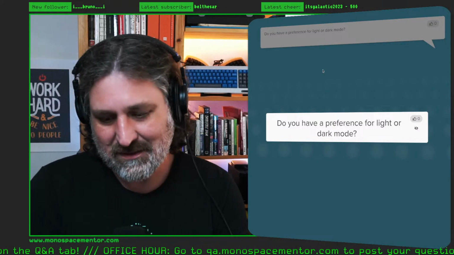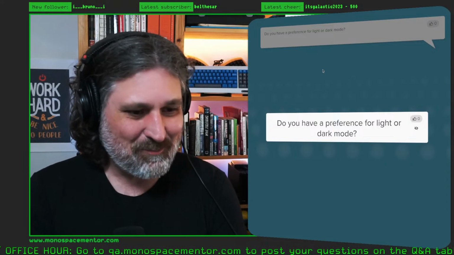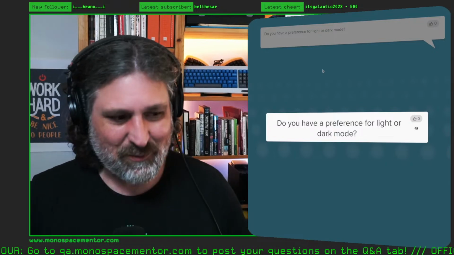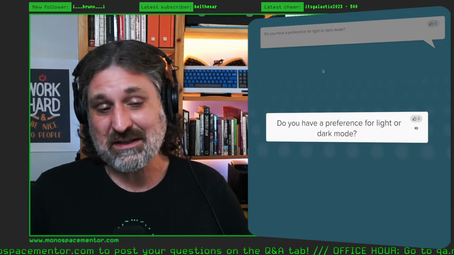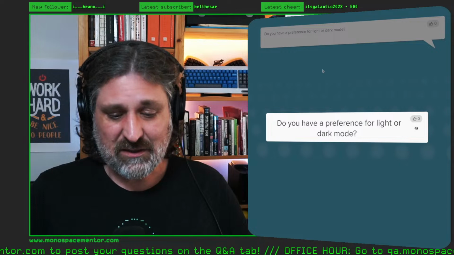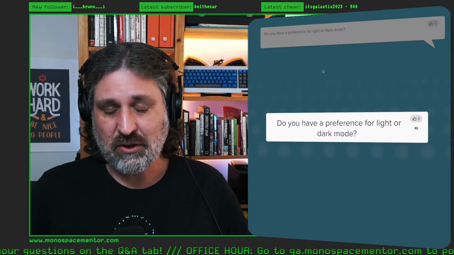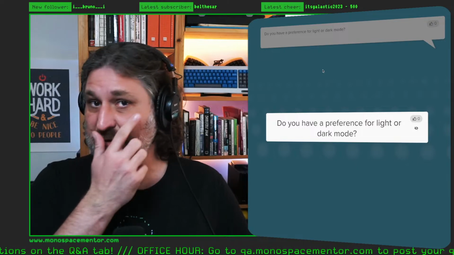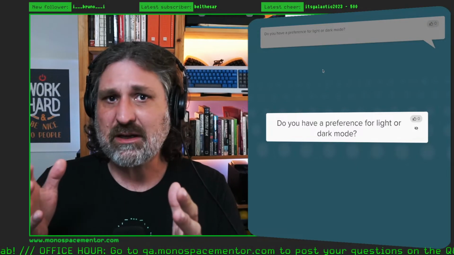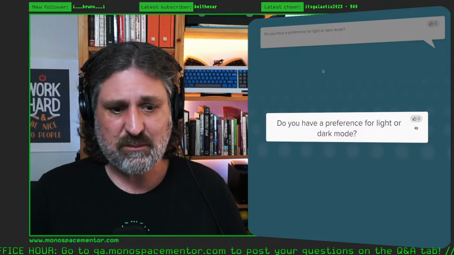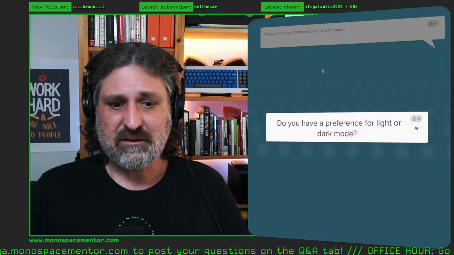And since the light Dracula theme is still in the works, I'm forced to use dark mode if I want to use Dracula. The more important reason, though, is a health reason. A few years ago, I got a lot more of these floaters in my eye, the things that you can see if you look at a bright background or maybe up into the sky, and then you see those virtual things flow by.